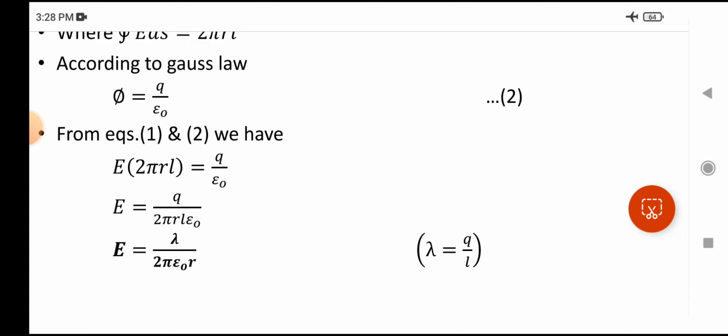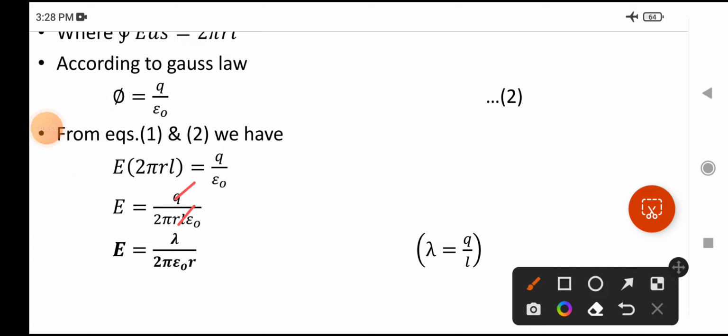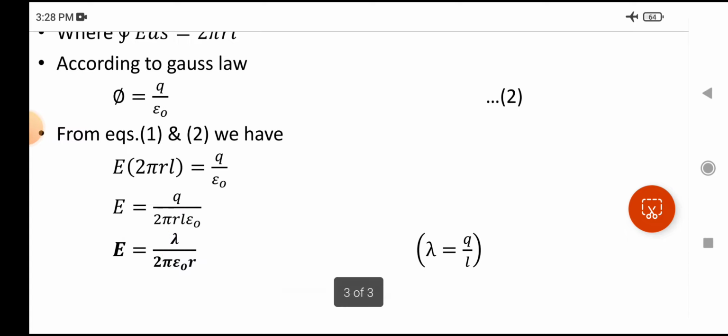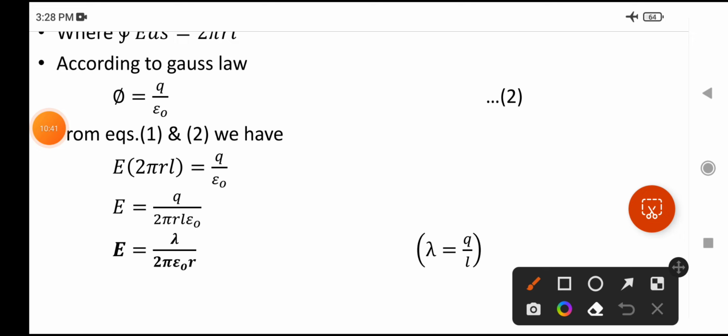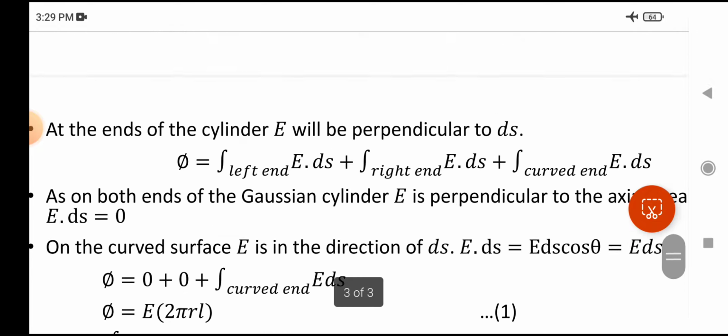So the final answer in terms of lambda is E is equal to lambda by 2 pi epsilon naught r. This is the electric field due to a line charge. Okay friends, thank you.